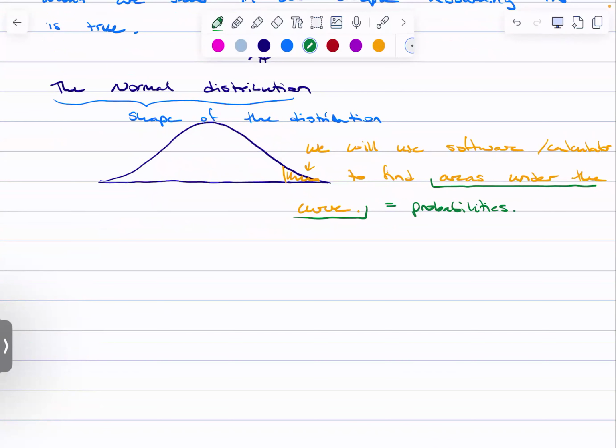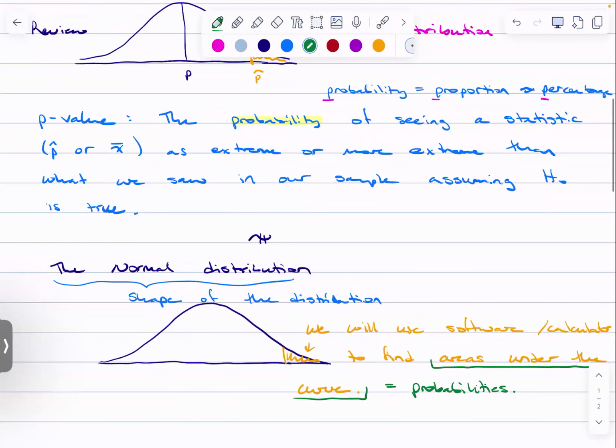So the probability of seeing something, hey, that sounds familiar. The probability of seeing something as a statistic, as extreme or more extreme than what we saw. And so really what we're finding is the area under the curve. So pretty neat.